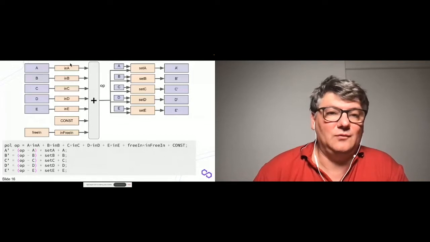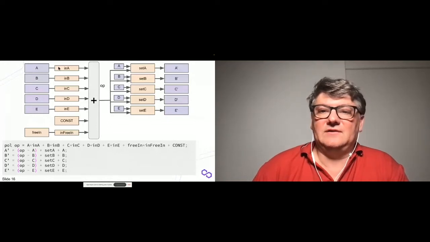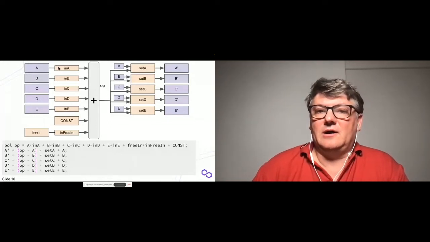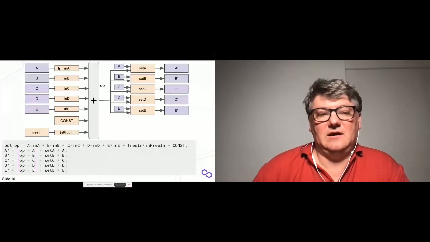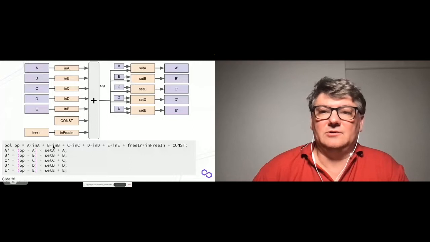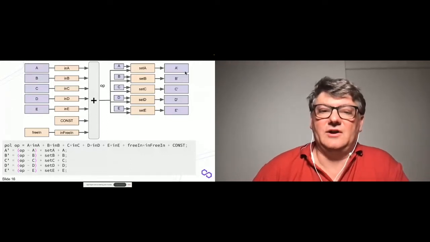If only inA is 1, the operator is going to be A. If setA is 1, we put the operator into A in the next round. If not, we keep the old value.